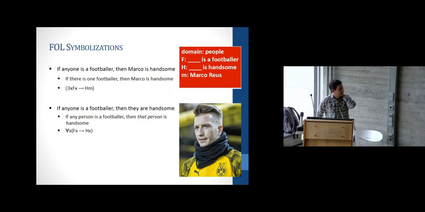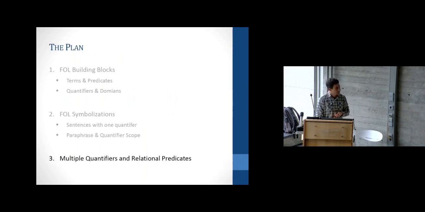The second one is not true, depending on your view about football and being handsome. But the important thing is that the English word any is kind of confusing. Reminder: this is not a course in English. This is a course in logic. So the important thing is to understand the logic.